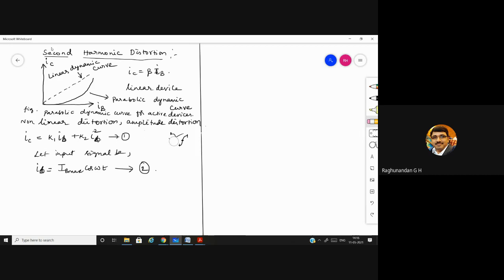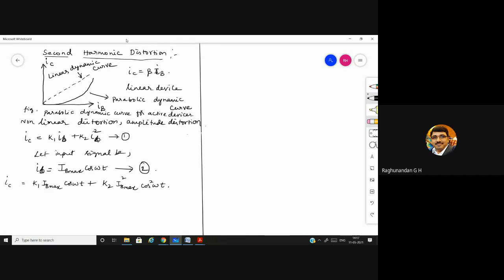It is a long derivation, so we have to keep on doing it. We will substitute. Once you substitute in this, the equation becomes IC is equal to K1 IB max cos omega t plus K2 IB max square cos square omega t.